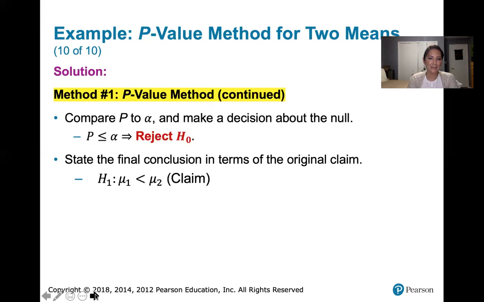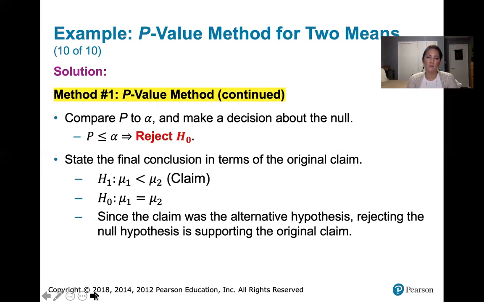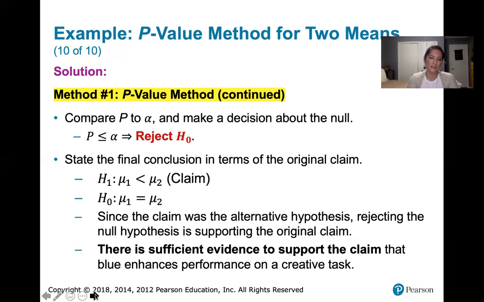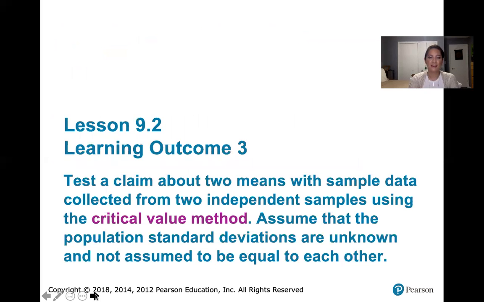So the claim does not contain the condition of equality. The claim is the alternative hypothesis. So if we're rejecting the null hypothesis, we're actually supporting the original claim. So that means we will say that there is sufficient evidence to support the claim that blue enhances performance on a creative task. That's using the p-value method.